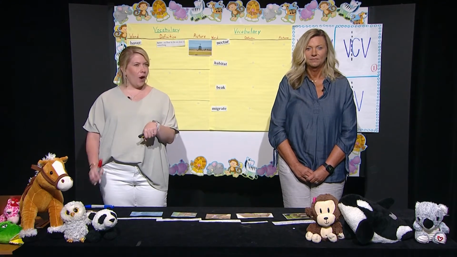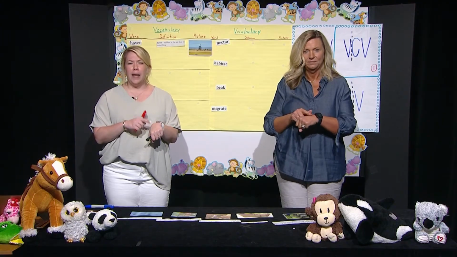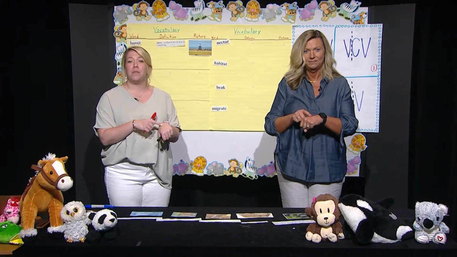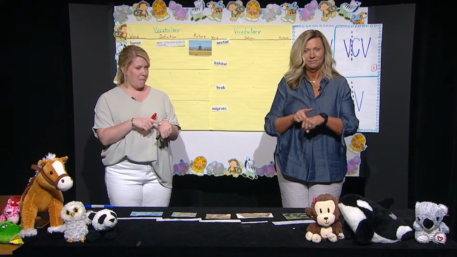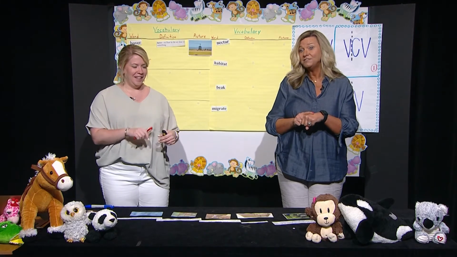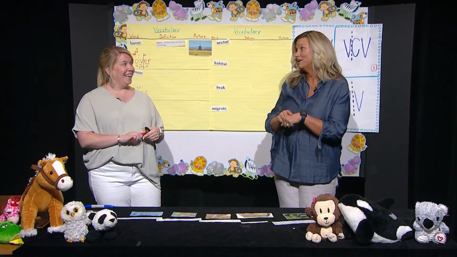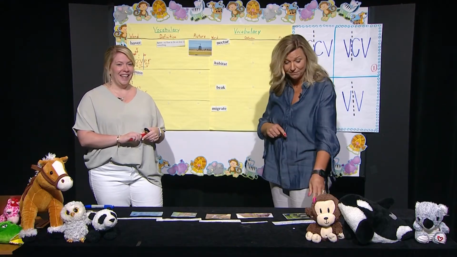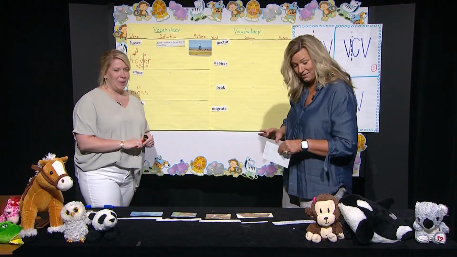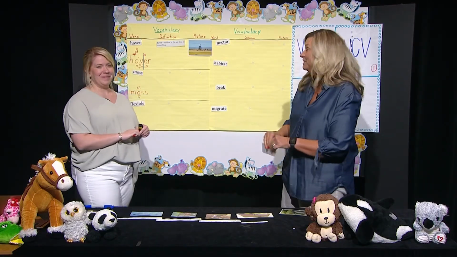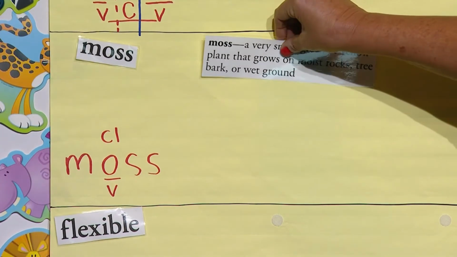Let's pretend that our hand is a rock, and let's point to the moss that might be on it. I've seen moss many times when hiking in the woods with my family. Let's put the definition to the word on the board.